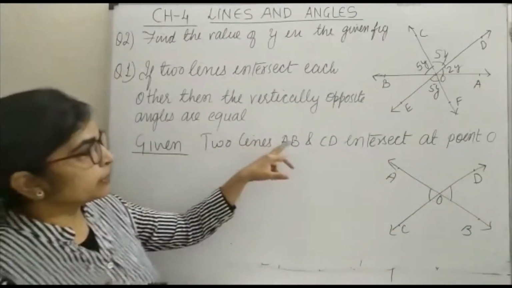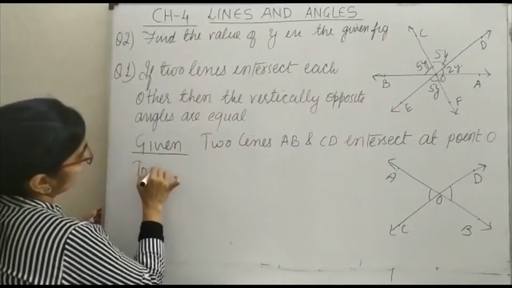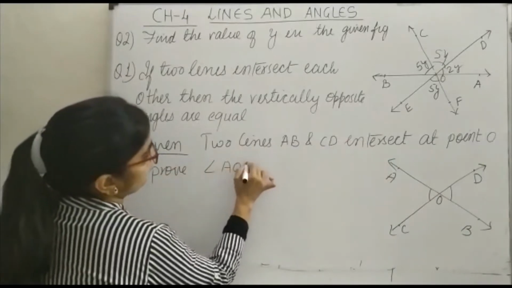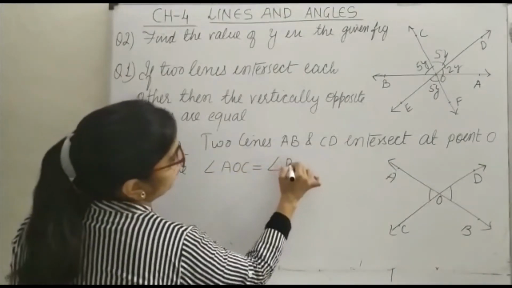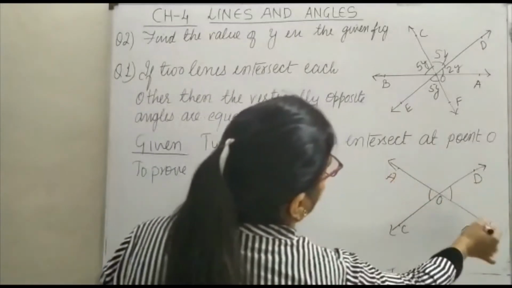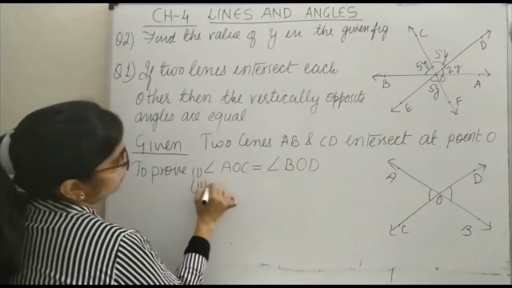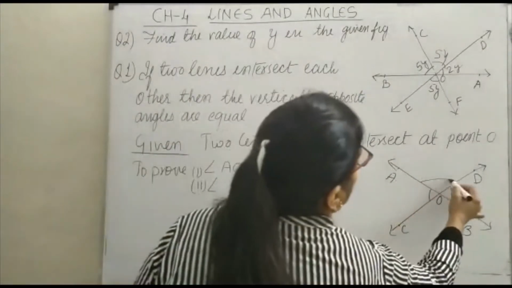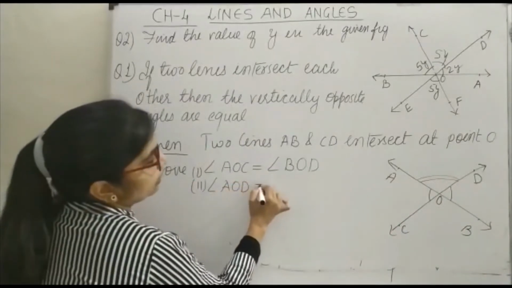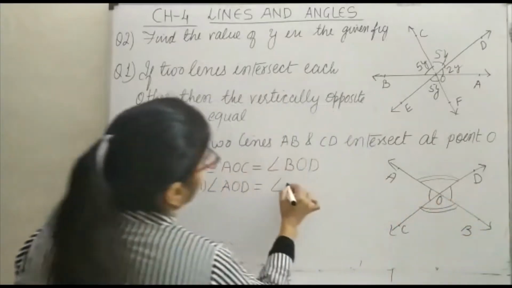Given two lines AB and CD intersect at point O, to prove: angle AOC is equal to angle BOD, and second one, angle AOD is equal to angle BOC.